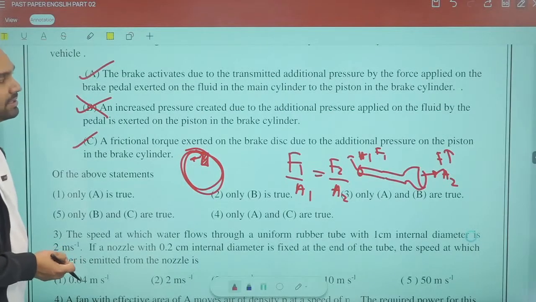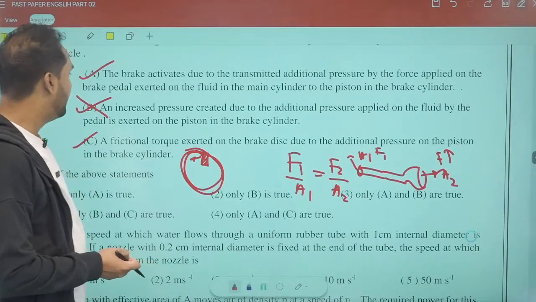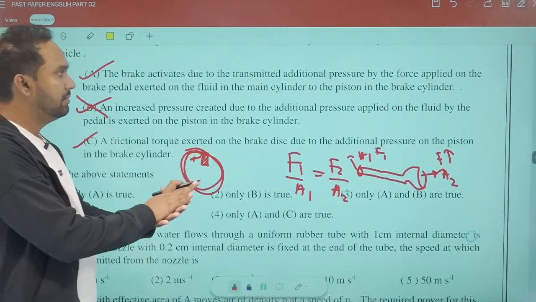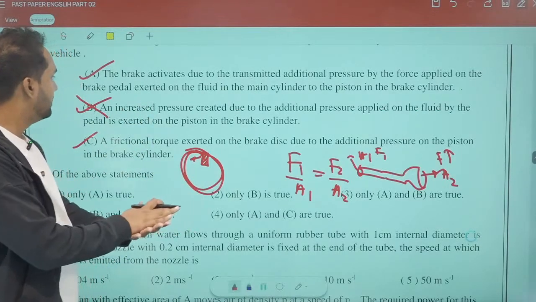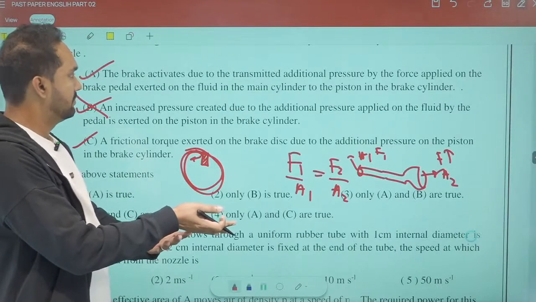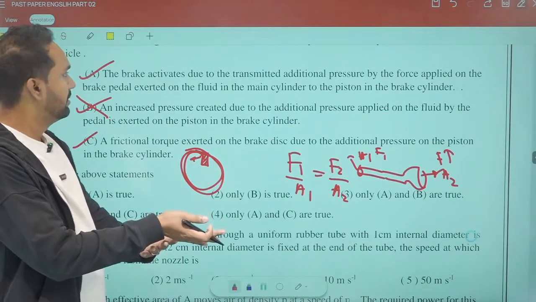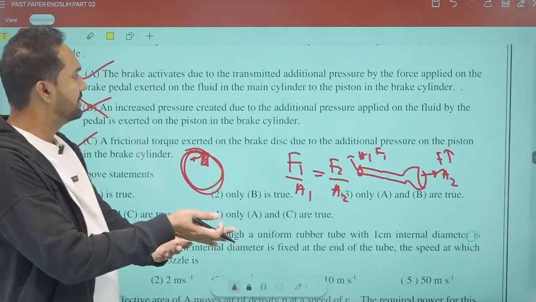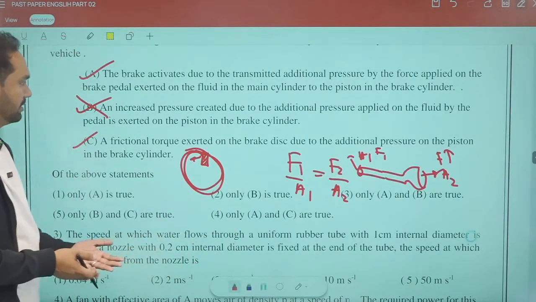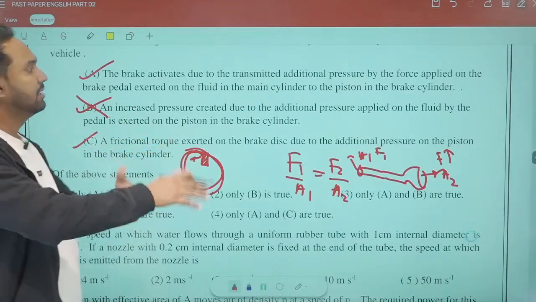An increased pressure created due to the additional pressure applied on the fluid by the pedal. So you're pressing the pedal. Because you're pressing the pedal, you apply an increased pressure on the pedal. So the pressure inside the liquid also gets increased, and it is exerted to the pistons in the brake cylinder.